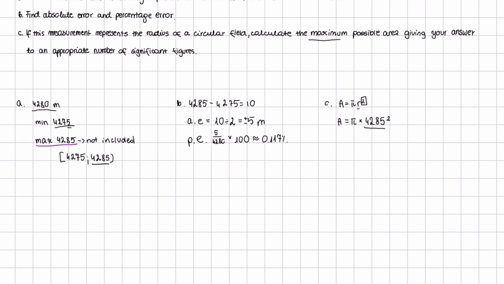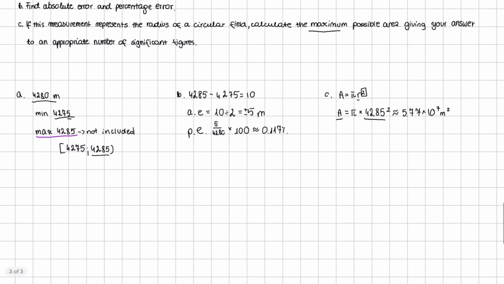This is our radius, so we have to square it, and in approximation it will be 5.77 times 10 to the power of 7 meters squared, because we have area here.